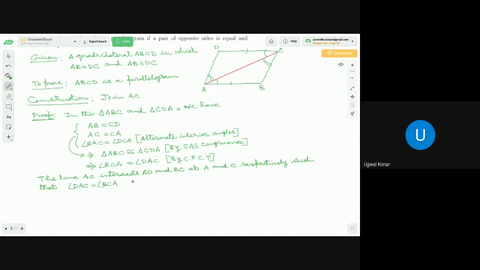Angle DAC is equal to angle BCA, which form a pair of alternate interior angles.